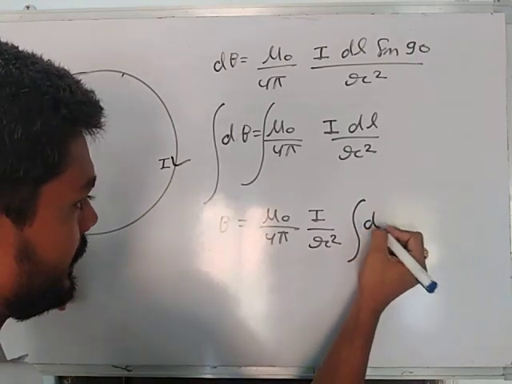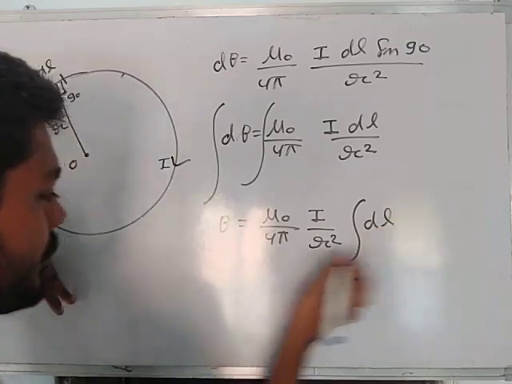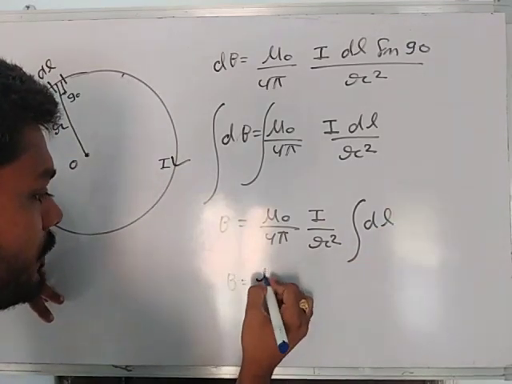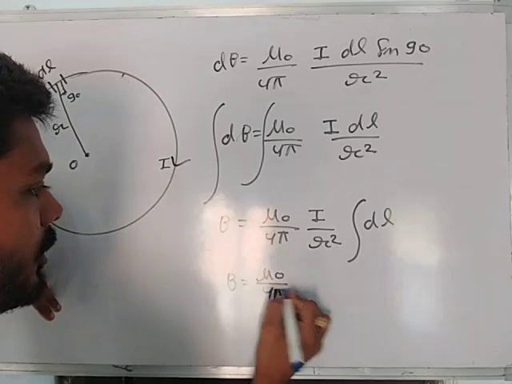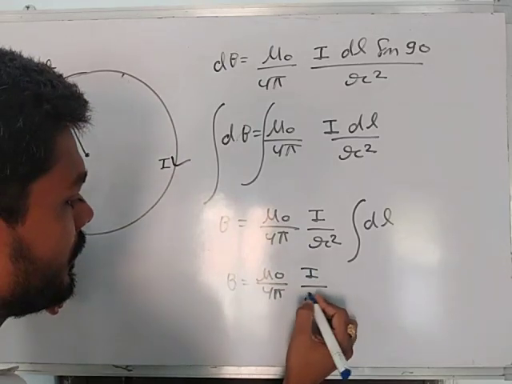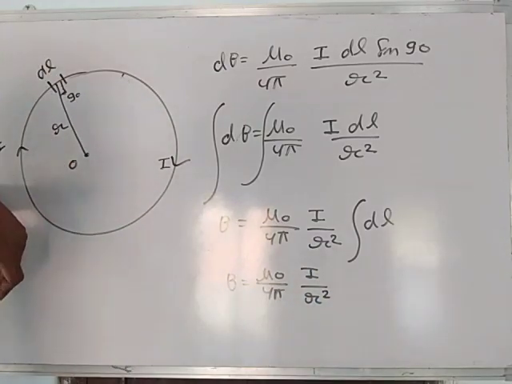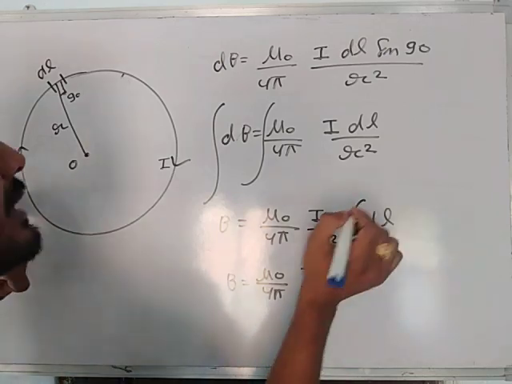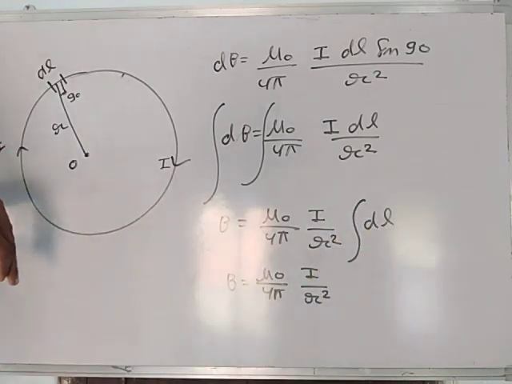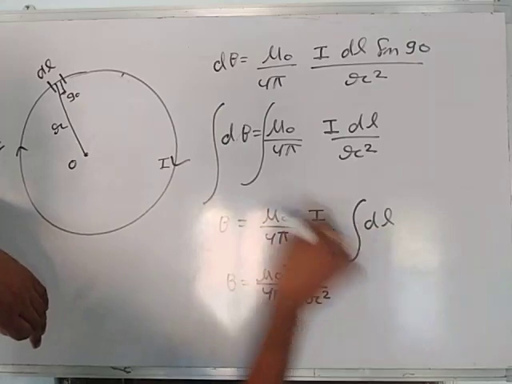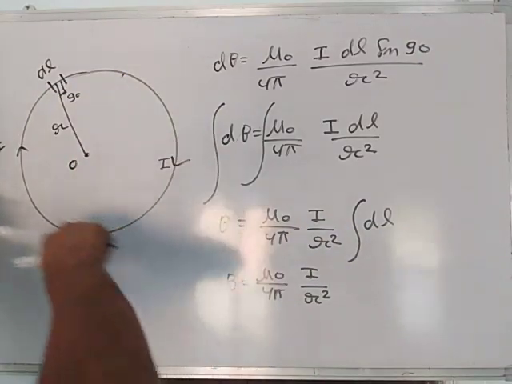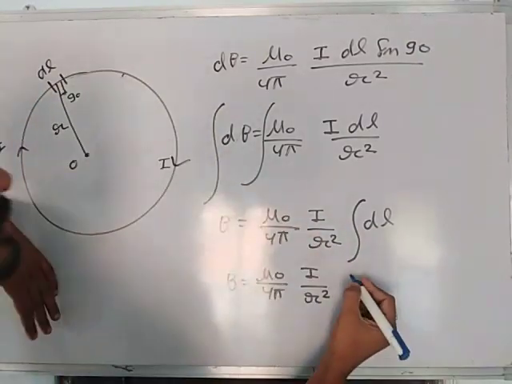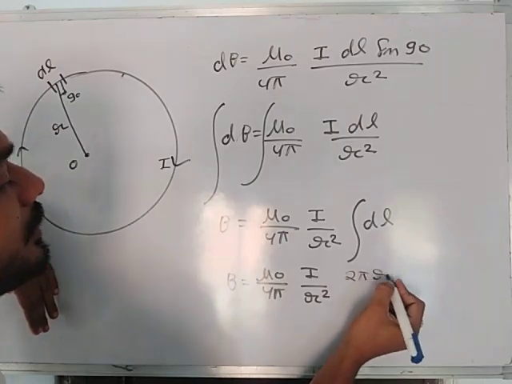Now here, integration of dl. B is equal to mu naught upon 4 pi I by r square, and if you integrate dl, you will get the complete circumference, and this circumference is equal to 2 pi r.